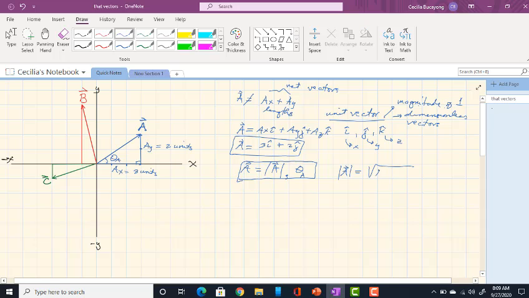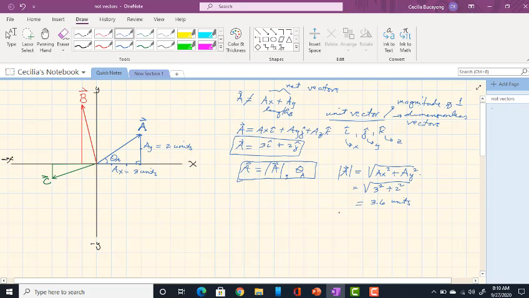So this is AX squared plus AY squared, or the square root of 3 squared plus 2 squared, and that is equal to 3.6 units. So this is now our magnitude.